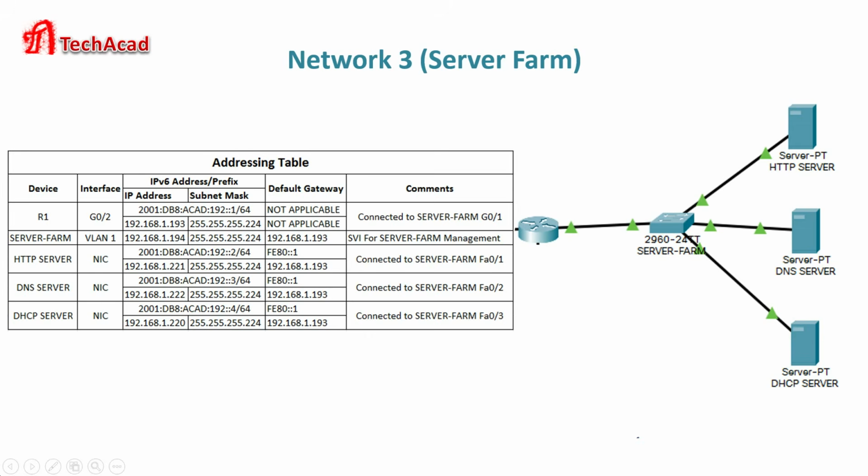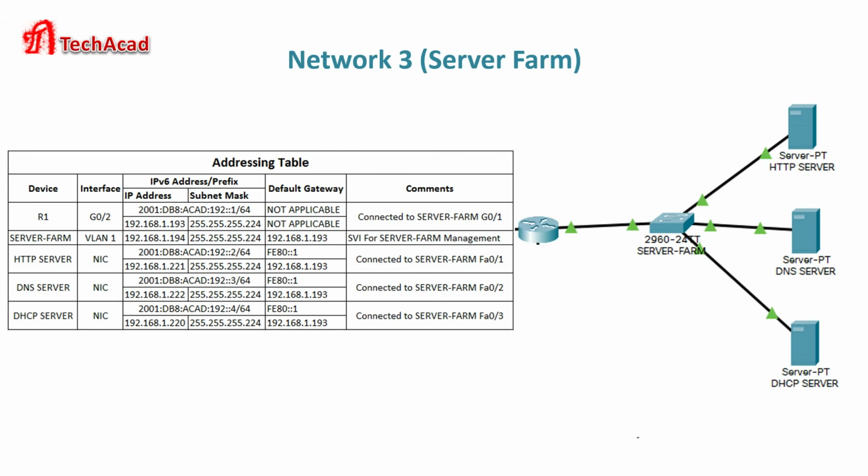And here goes our third network, that is for the server farm, HTTP, DNS and DHCP. And we can see this network is connected to G0/2 on R1, and we given IPv6 and IPv4 address for this interface G0/2. Also, we given IP address for all these servers, HTTP server, DNS server, DHCP server. Also, we given its default gateway, IPv4 as well as IPv6 default gateway.